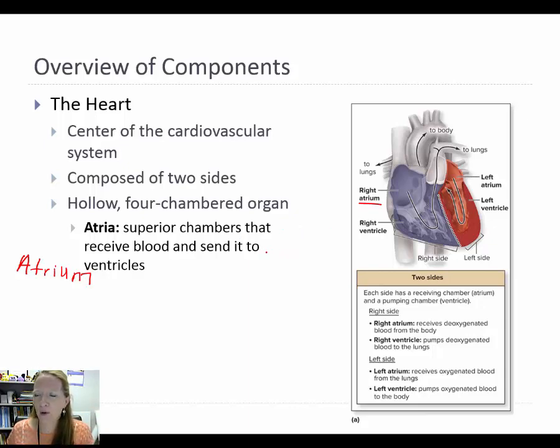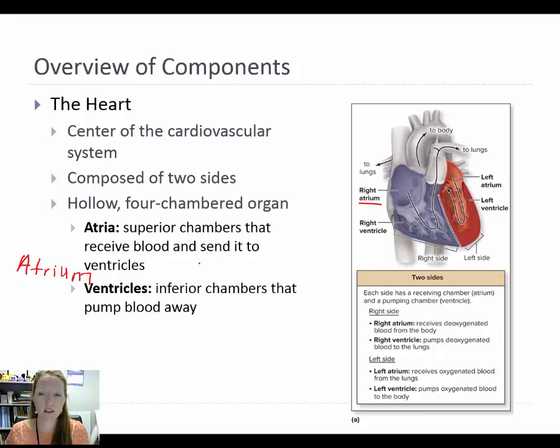We'll talk about how it's receiving blood from the rest of the body, it's receiving it from the lungs, and then eventually it's going to send it to these next chambers, which are the ventricles. These ventricles are going to be the bottom chambers of the heart, the inferior chambers. And what they're doing is they're pumping blood away. They're either sending it to the lungs, or they are sending it to the rest of the body.